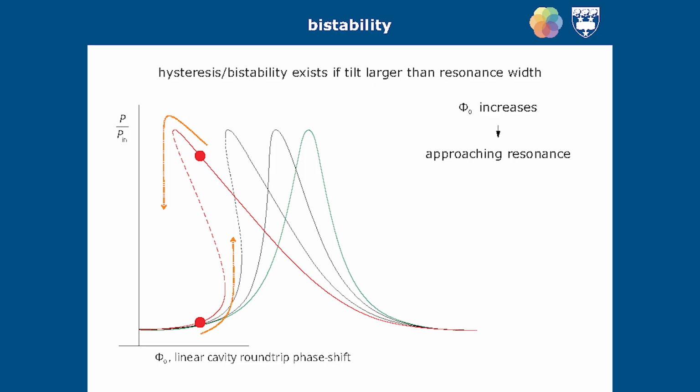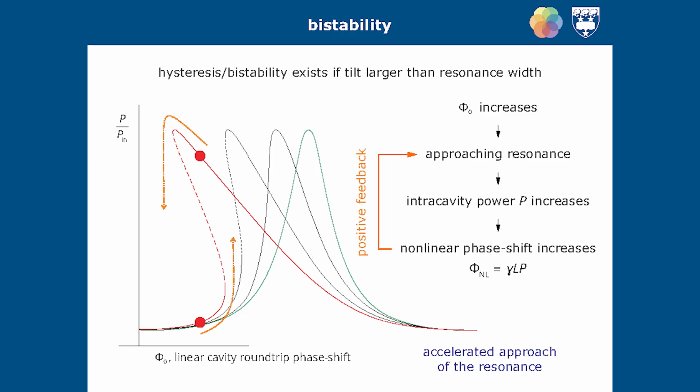So I'm approaching the resonance, because I put myself before the resonance. As I approach the resonance, well, what happens when you approach a resonance? The power goes up. If the power goes up, the nonlinear phase shift increases, and that essentially pushes you even closer to the resonance, okay? So you get sort of a reinforcement, a positive feedback effect. And because of that, we're approaching the resonance faster. It's accelerated, and that explains the tilt, okay?